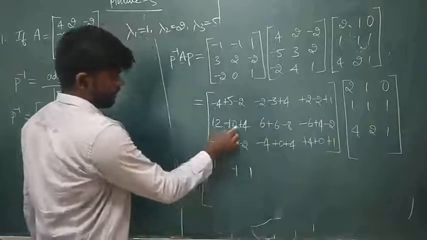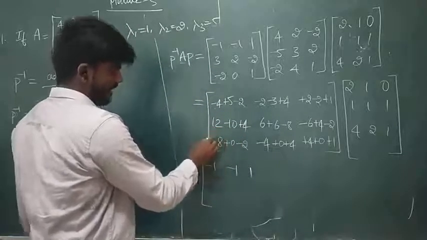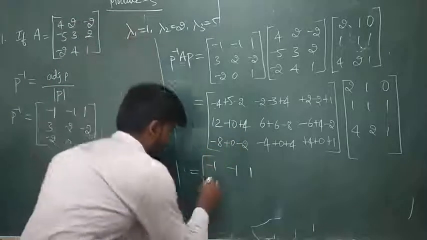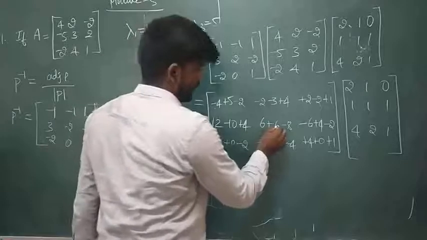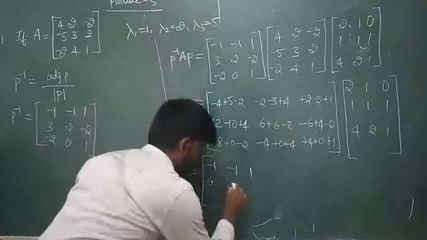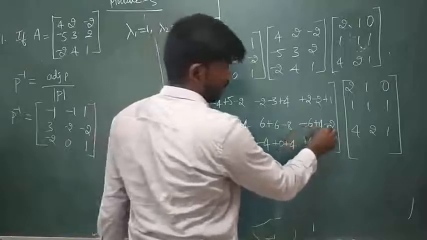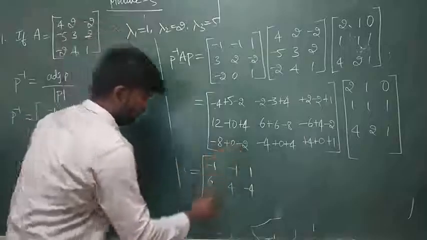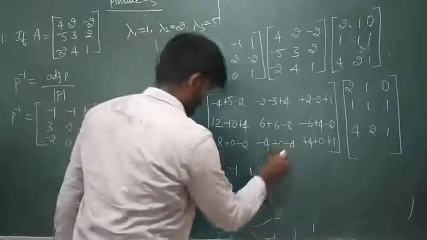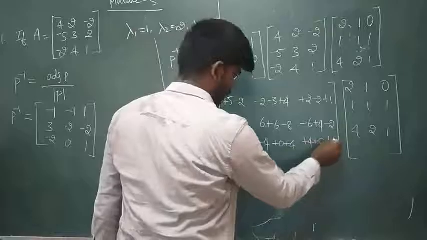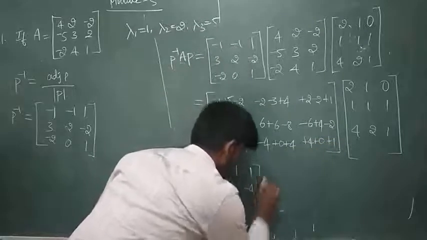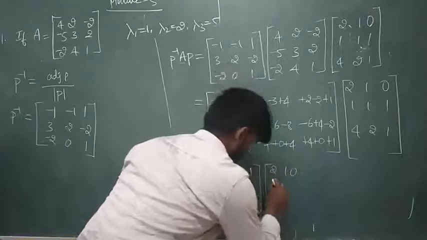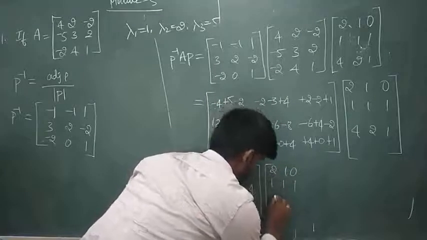So, -2 plus 4 minus 6 plus 16, 12 plus 4, 16 minus 10 gives 6. And 6 plus 6, 12, 12 minus 8, 4. And 6 minus 2, minus 8 plus 4, minus 4. And minus 8 minus 2, minus 10. And minus 4 plus 4 gives 0. 4 plus 1 gives 5. The third matrix is 2, 1, 0, 1, 1, 1, and 4, 2.